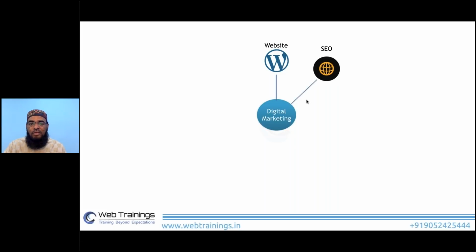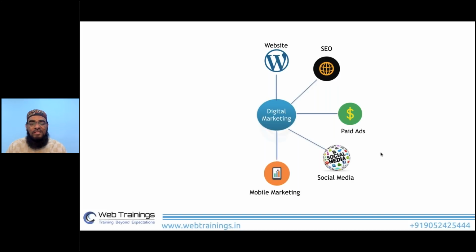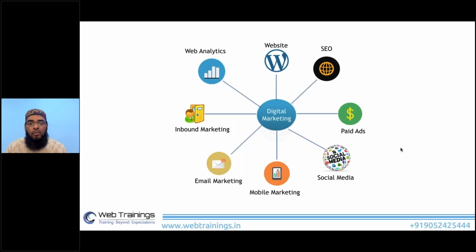Number two, the second part of our digital marketing is called search engine optimization, and I'm going to explain that topic briefly as well. Number three, we have the paid advertising strategy. Number four is the concept of social media marketing, and then the mobile marketing strategy, the email marketing strategy, the inbound marketing strategy, and web analytics. So these are all the features we have.